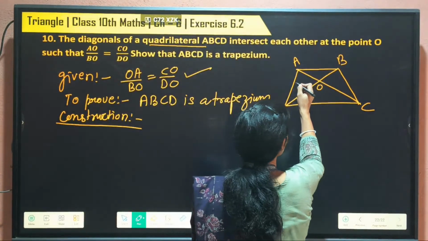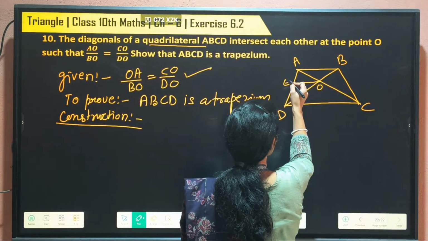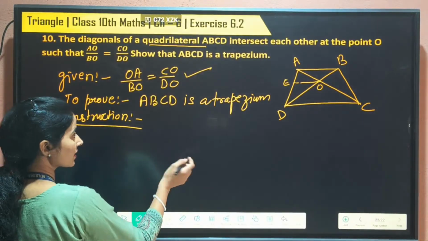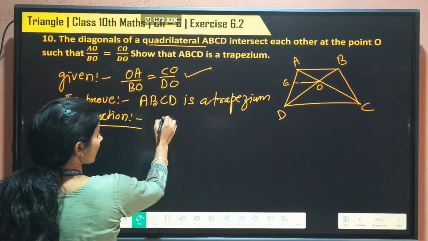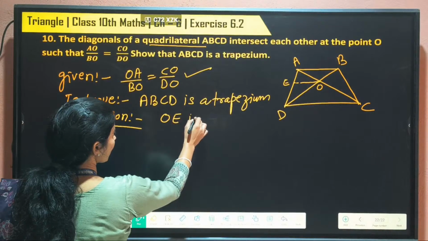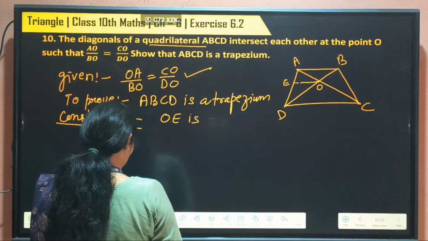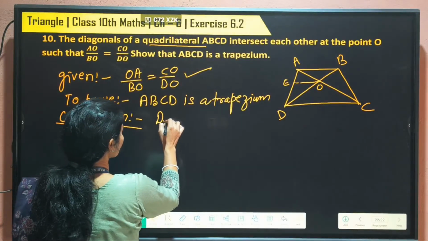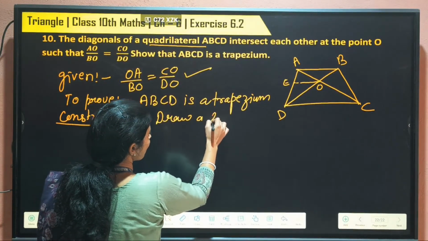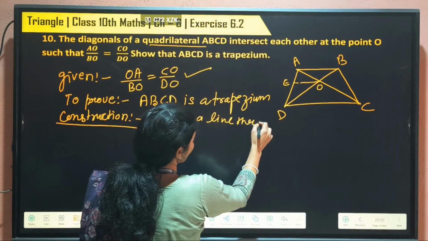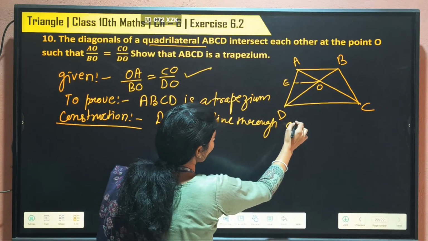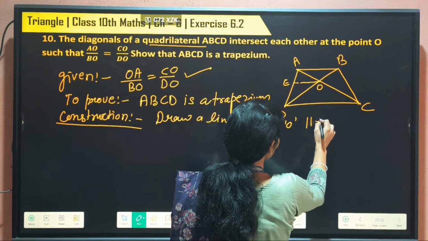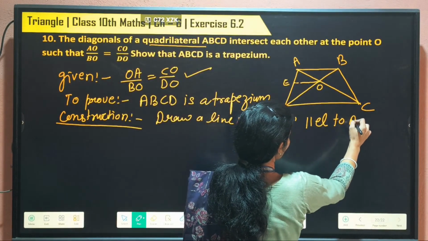Draw OE parallel to AB, or you can say DC. Draw a line through O parallel to AB.